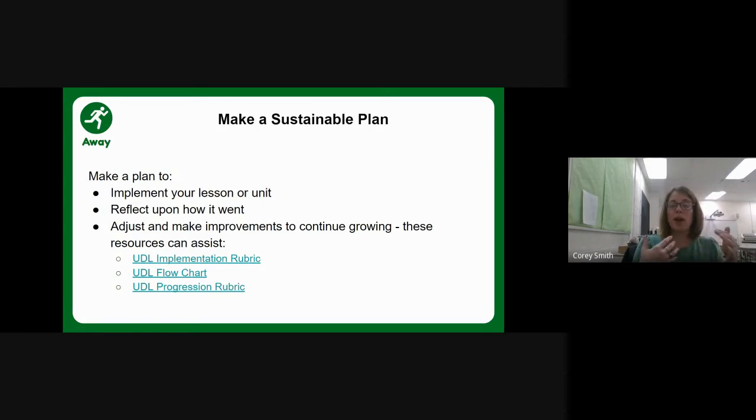That's why this session is not looking at UDL as a whole. It's really just narrowing in on one thing, identifying barriers. And to make it even more manageable, it doesn't have to be every barrier for every student in your classroom. Start with identifying one barrier and working to remove just that one barrier, and try one new thing in your classroom.